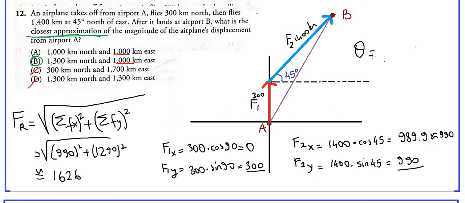Angle theta is equal to arctangent, inverse tangent, which is also written like this, of y over x. So the y component over the x component, which in our case would be arctangent of 1290 over 990. That would give us the angle here. Okay. Next question.